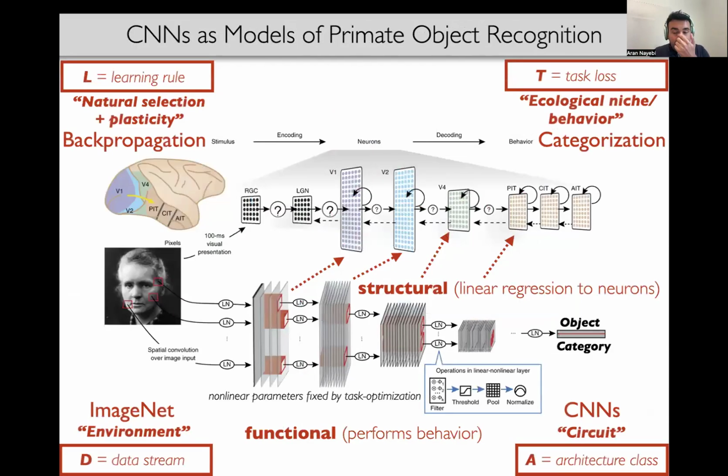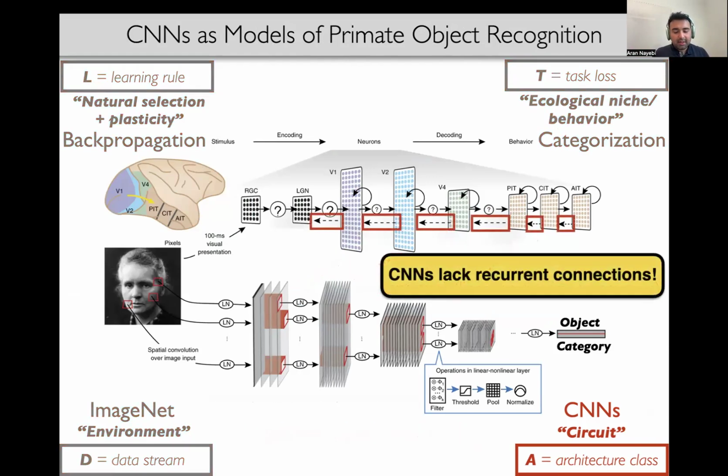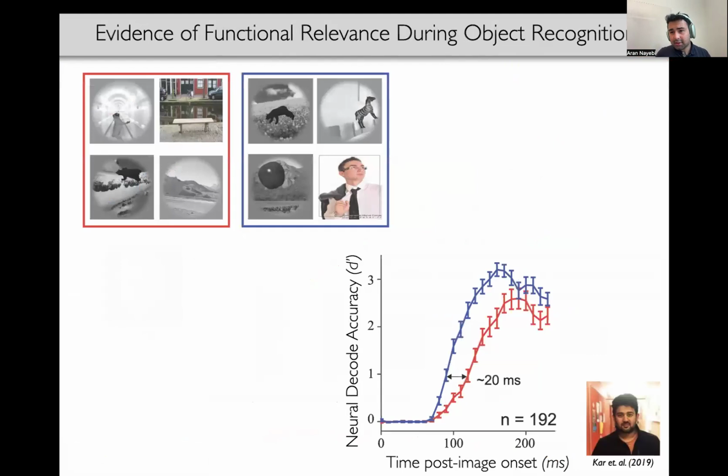Now, I showed you this picture of how convolutional neural networks, or CNNs, are good models of primate object recognition. They're both functional and structural models. But a major downside is that they actually lack the recurrent connections to enable us to engage with this question meaningfully. And in particular, these recurrent connections, this isn't just biophysical, they play a functional role as well.